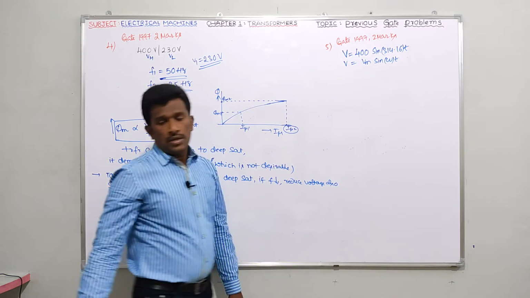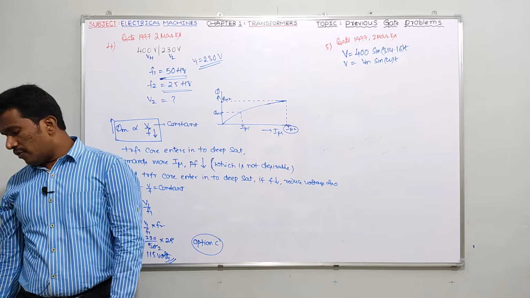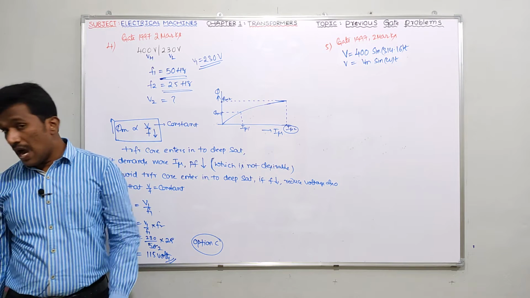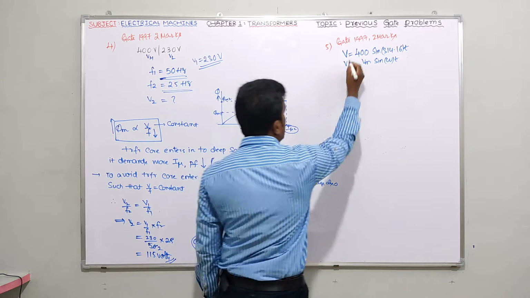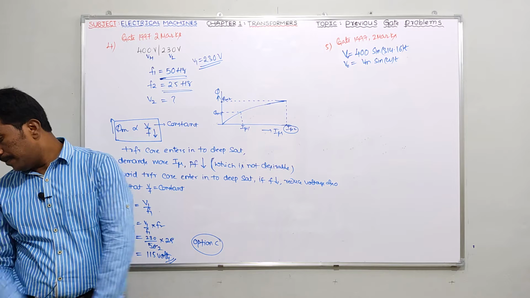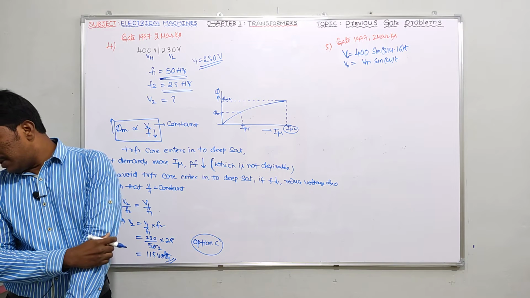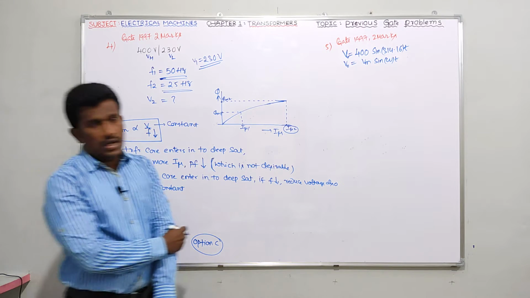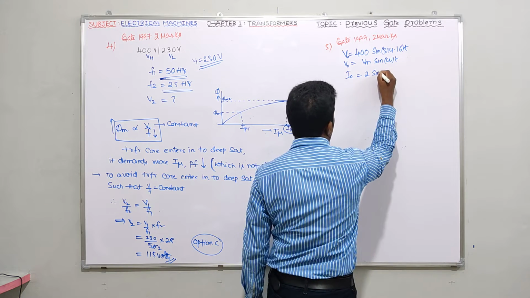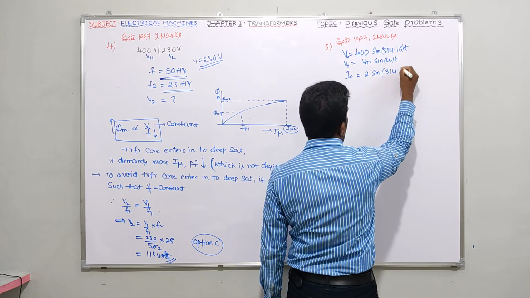He has given a voltage V equal to 400 sin 314.16t applied to a single phase transformer on no load. Therefore, please take this voltage as the no load voltage V0. Next, the no load current of the transformer is 2 sin of 314.16t minus how much?